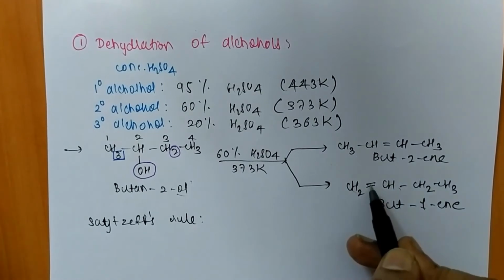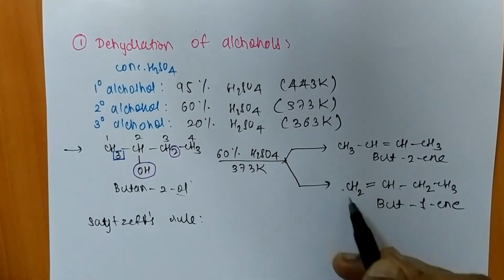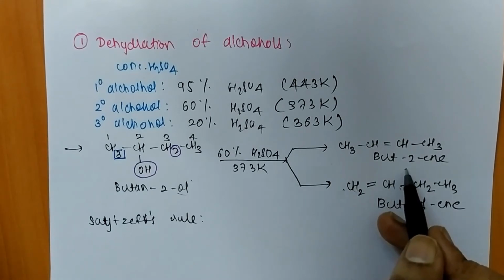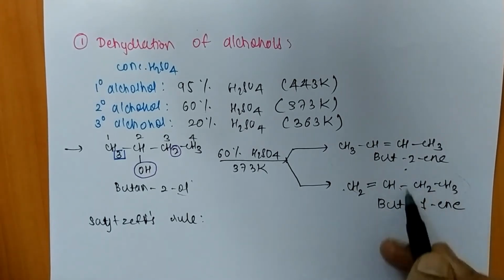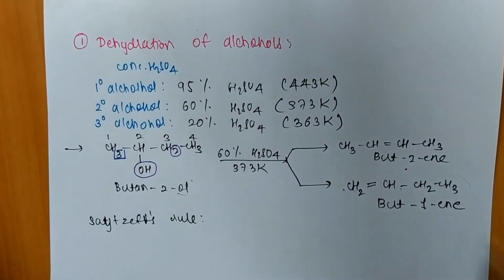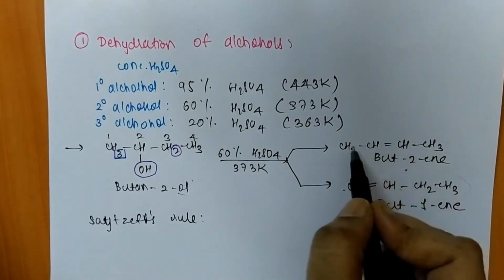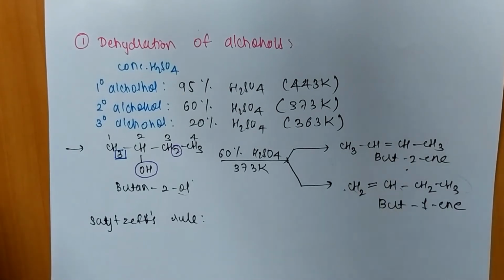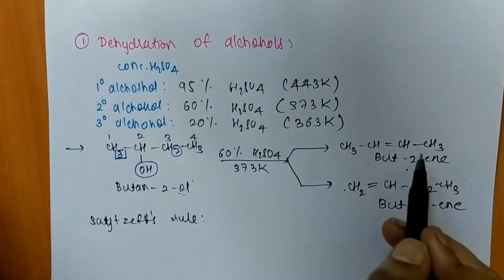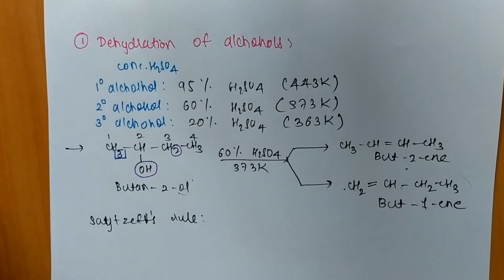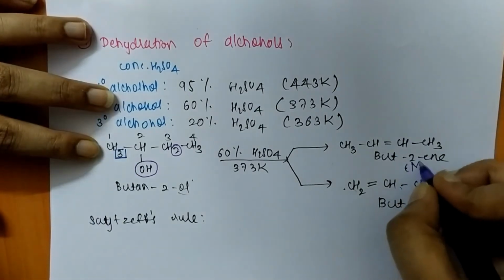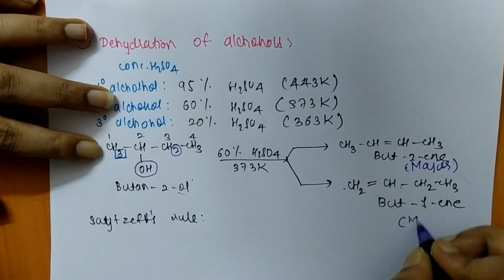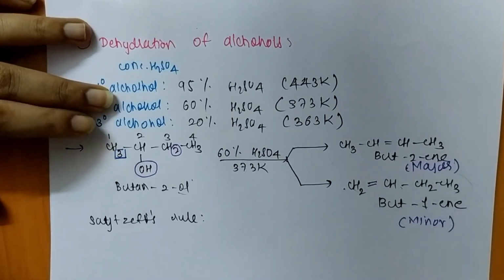Because here there's a double bond, this carbon atom is only substituted by hydrogen atom, and in this, one carbon atom is substituted by hydrogen, while the other hydrogen atom just gets substituted by the ethyl group. But here if you see, it is a symmetric compound, there is more amount of substitution for both the carbon atoms. So they are more substituted, and therefore but-2-ene is the major product and but-1-ene is the minor product.